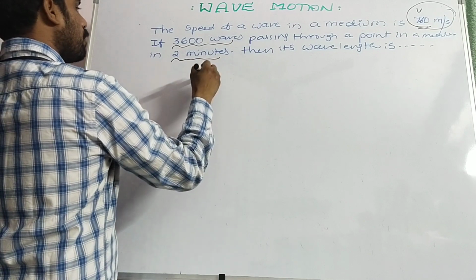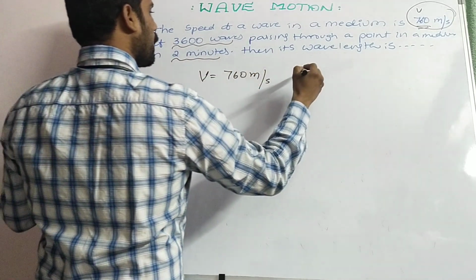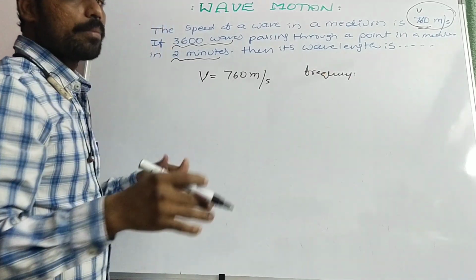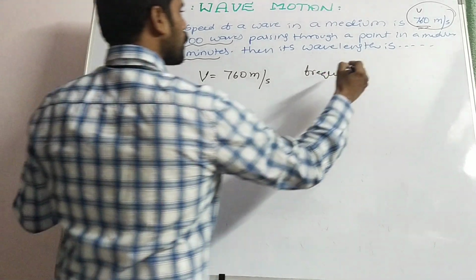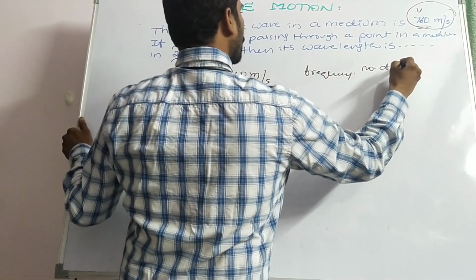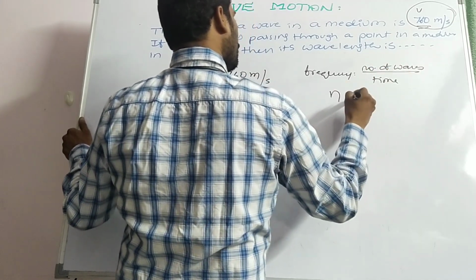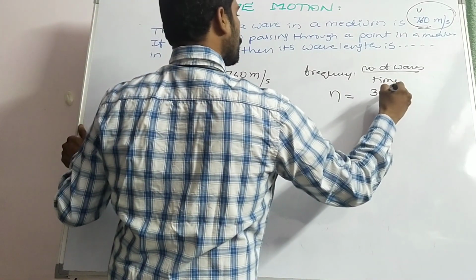So we have v is equal to speed 760 meter per second, and the frequency. How can we define the frequency? The number of waves passing through a point per second, or in unit time. So frequency n is equal to number of waves by time, 3600 waves.